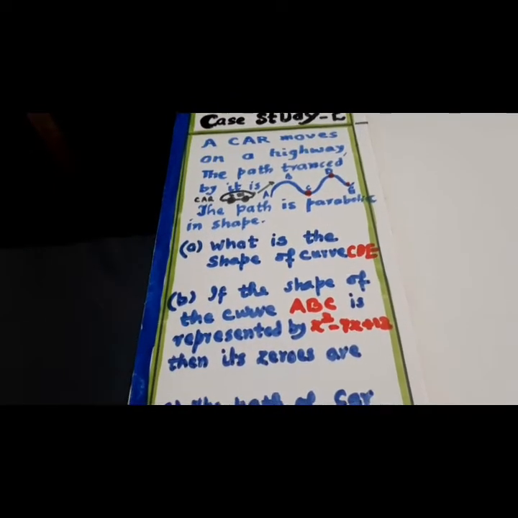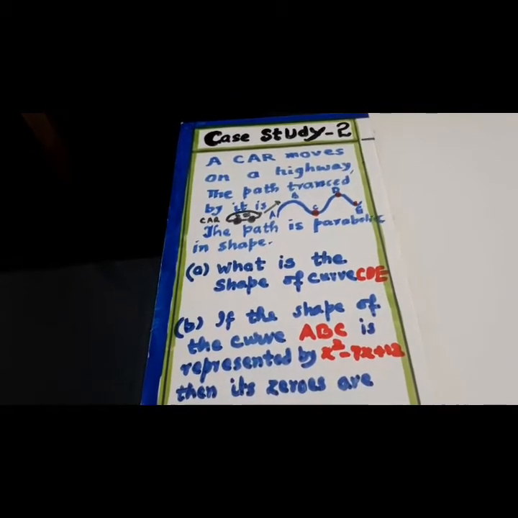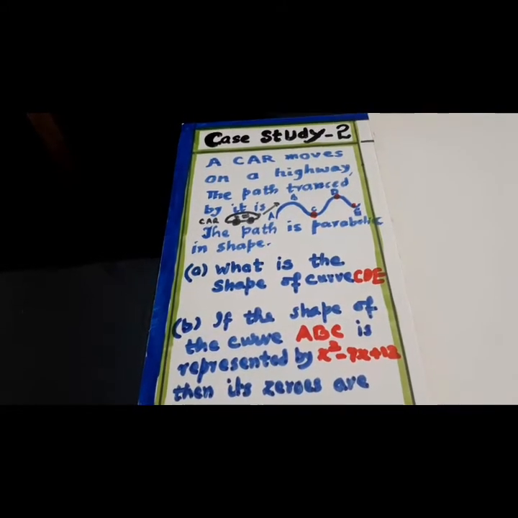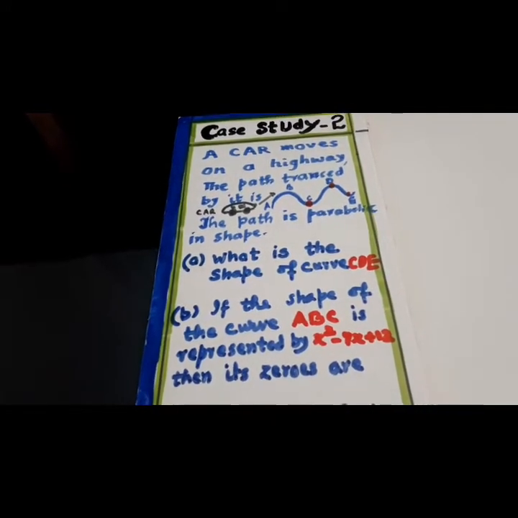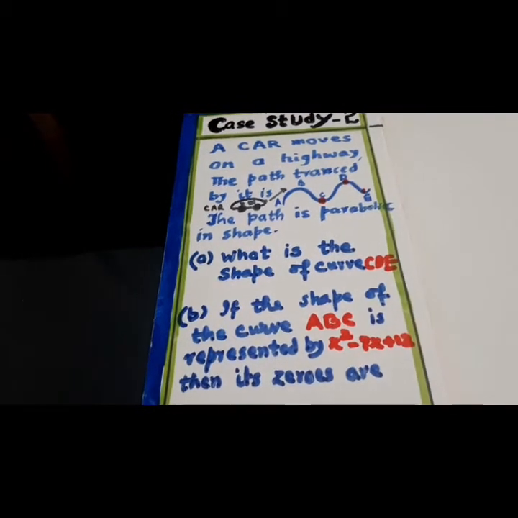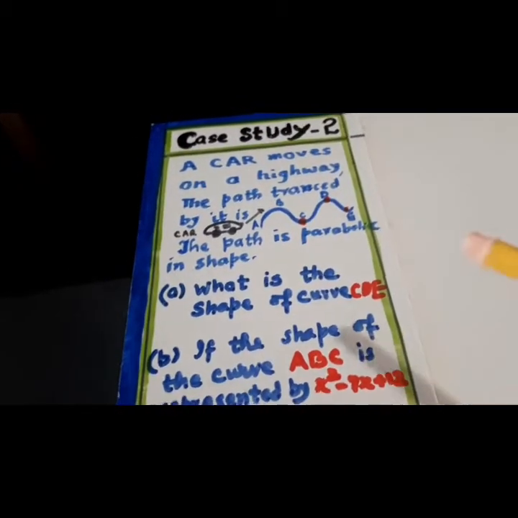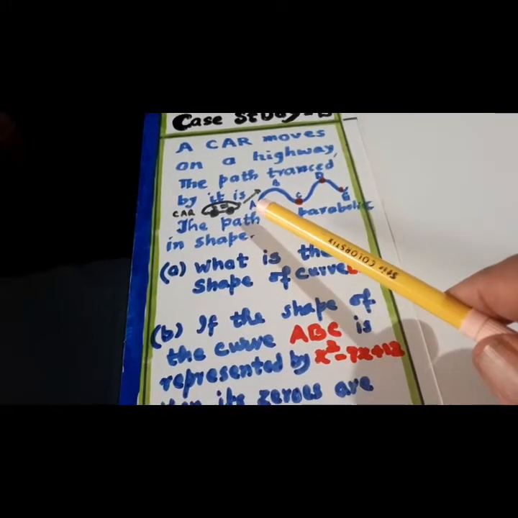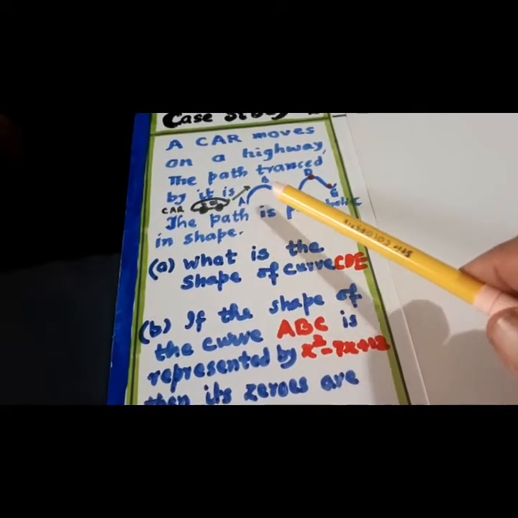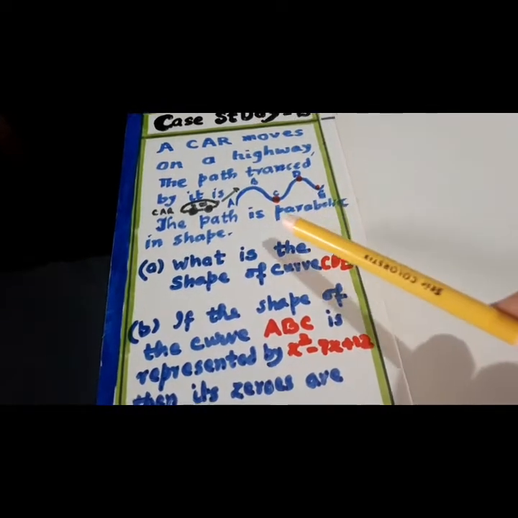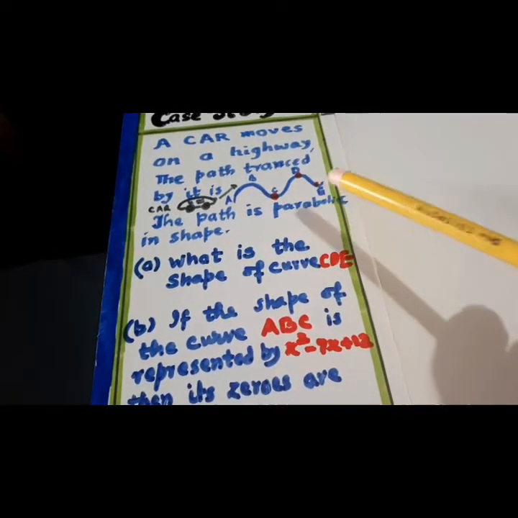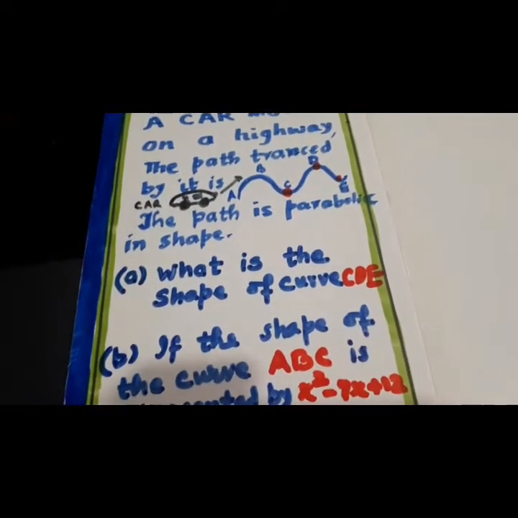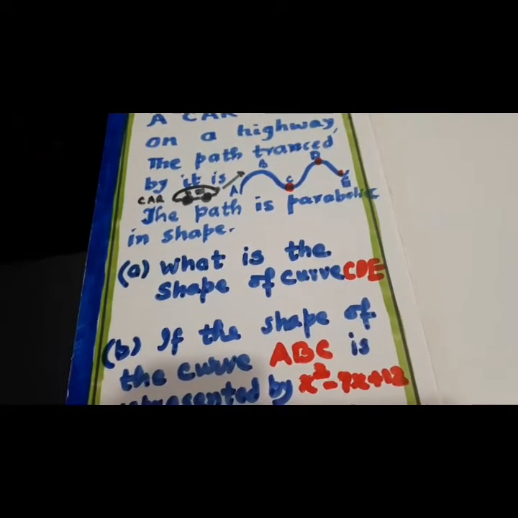Firstly, let us see what the case is. It is saying that a car moves on a highway. The path traced by the car is, look here, this is the path A, B, C, D, E. The path is parabolic in shape.